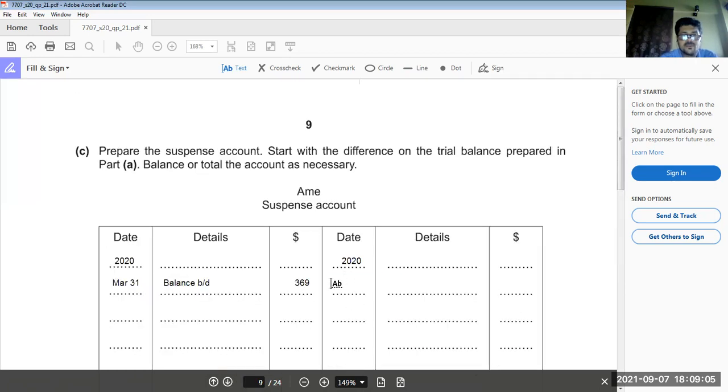First, 40, for office expenses. Then we have the second amount.